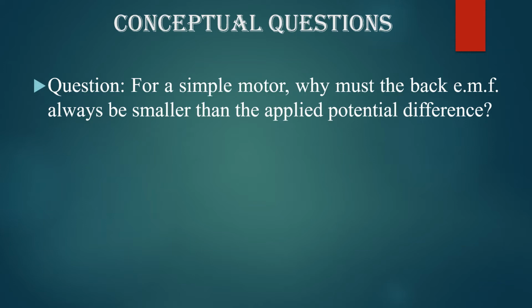With an increase in the speed of the motor, back EMF also increases, and back EMF always opposes the applied potential V. Current I can be written as I equals applied potential difference minus back EMF, divided by load resistance. From this formula we can see that back EMF is always smaller than the applied potential difference.